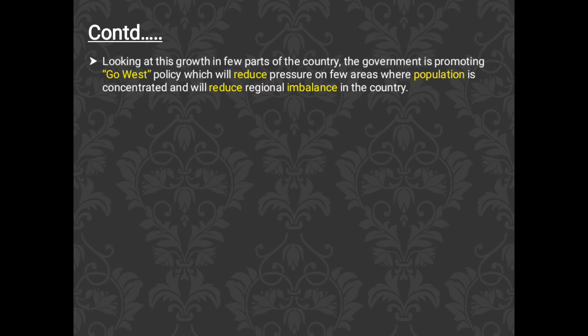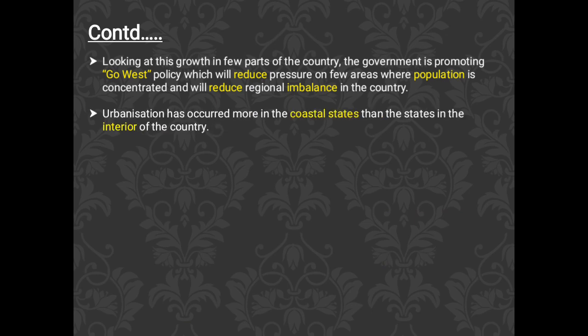Looking at this growth in few parts of the country, the government is promoting the Go West policy, which will reduce pressure on few areas where population is concentrated and will reduce regional imbalance in the country. Urbanization has occurred more in the coastal states than the states in the interior of the country.